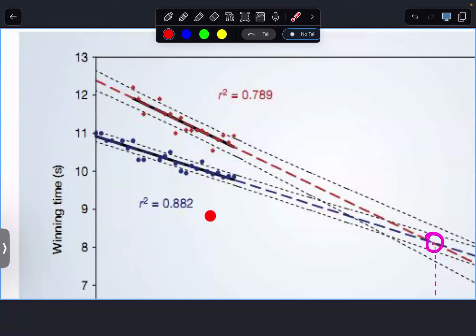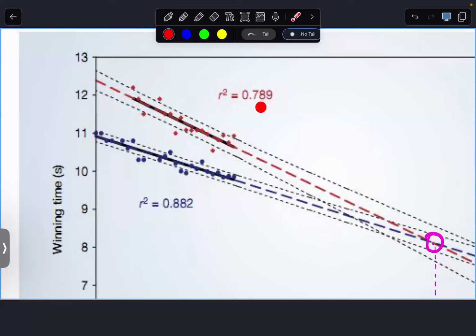And so for R squared, the takeaway is the higher the better. R squared is between 0 and 1, and so that makes it a percentage, and the higher the percentage, the better the fit.